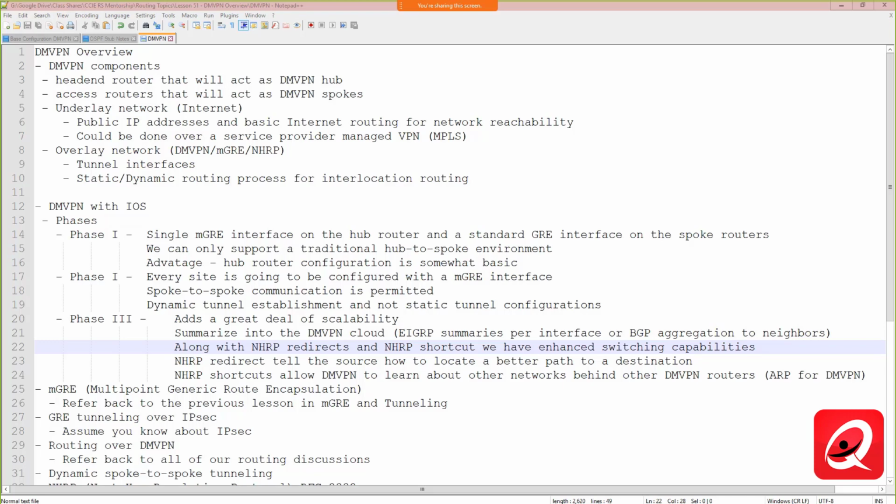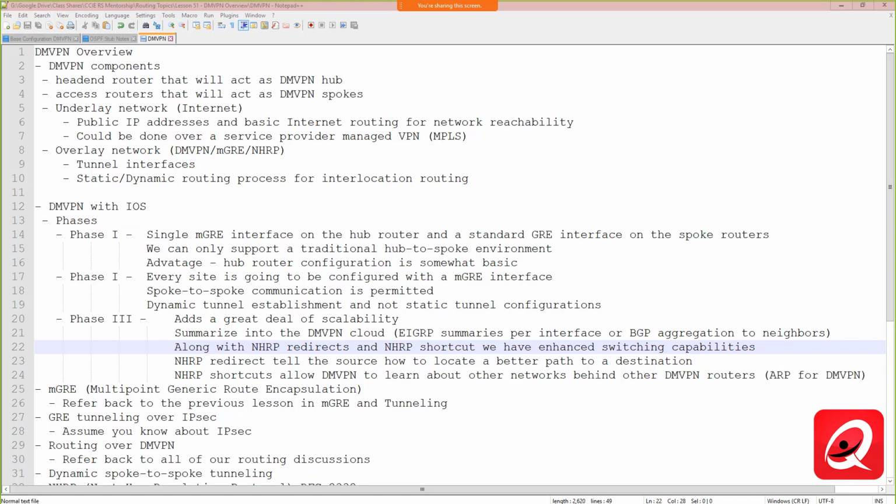And that means that we can actually have a combination of network connectivity. We can have maybe some robust internet connectivity at our corporate location. We can have some cable modem or some small business or medium-sized business internet connectivity at remote locations, or we could simply run DMVPN over a mixed mode environment, right? It could be frame relay, it could be MPLS.